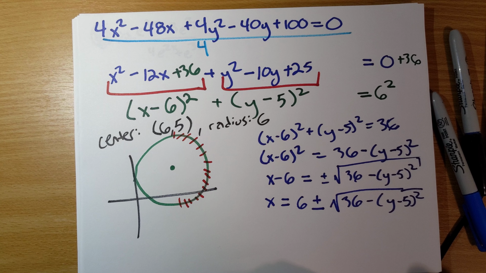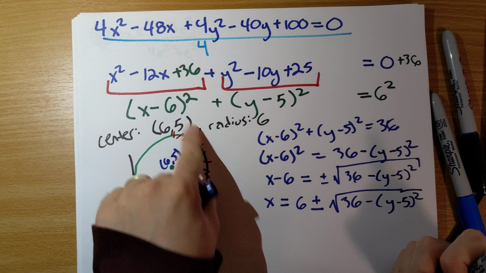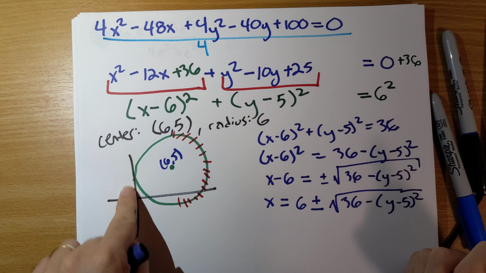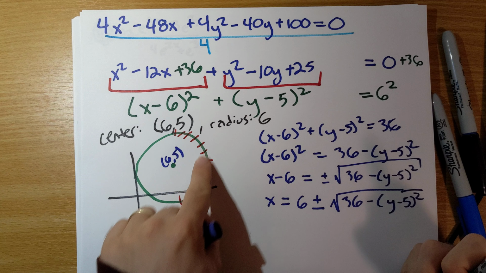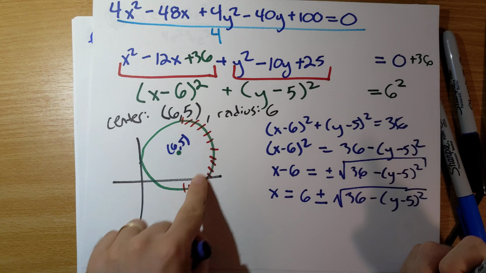Well, remember this point right here, this is the point (0, 5). For the right semicircle here, for any particular value of y, are the output values of x bigger than 6 or less than 6?